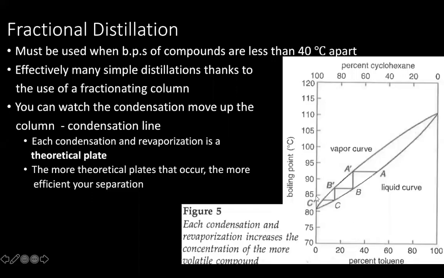Figure 5 is showing us the effects of those theoretical plates, the small little simple distillations that keep occurring. And basically what we're seeing is that as each condensation and revaporization occurs, you're increasing the concentration of the more volatile compound.